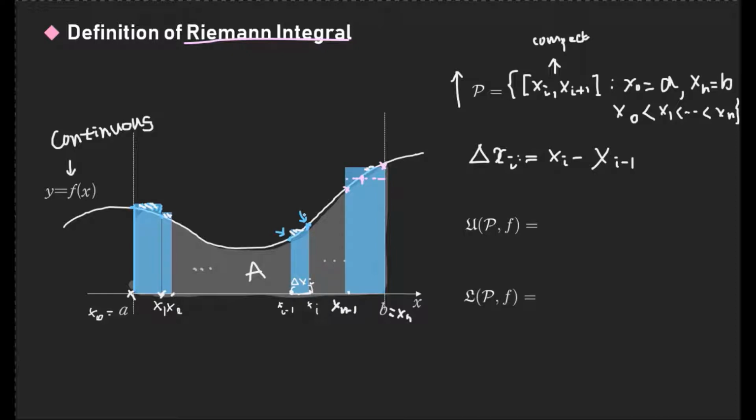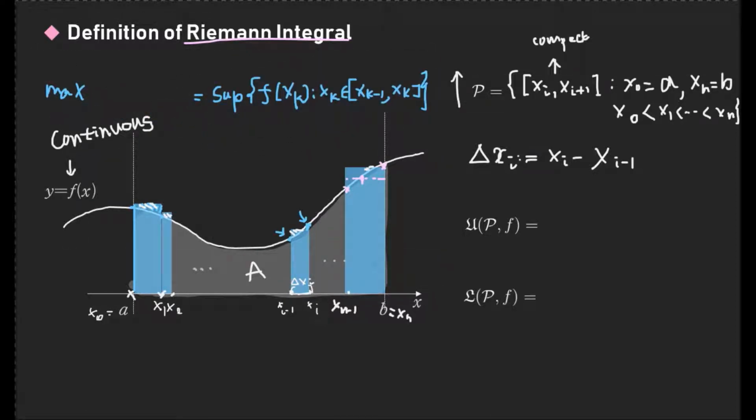But I said if this function is a continuous function, the supremum value of f(x) over the interval [x_{k-1}, x_k] is the same as the maximum value of this interval.